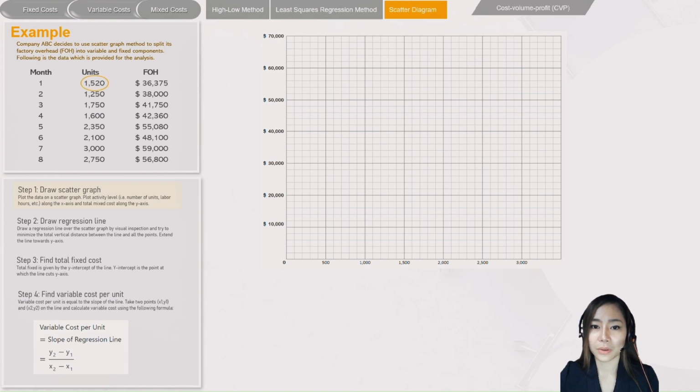And as you can see in the given, the production level is 1,520 in the first month, and the amount in factory overhead is 36,375. In the second month, it's 1,250 units, and the amount in factory overhead is 38,000. Month 3, 1,750 and 41,750.